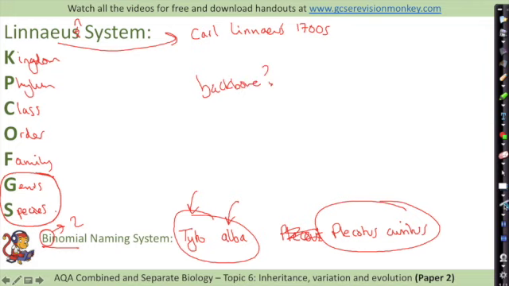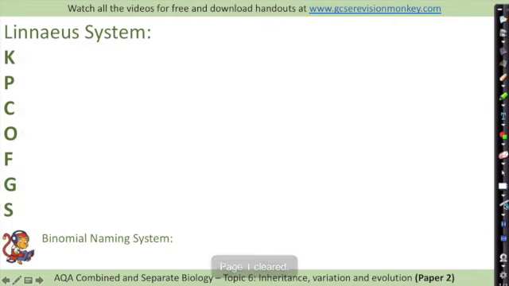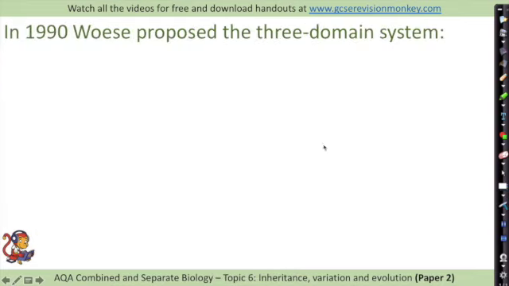However, there is an improved system which was developed a lot later in 1990. This system is called the three-domain system, and essentially what it did was put an extra grouping on top of the Linnean system with three domains.